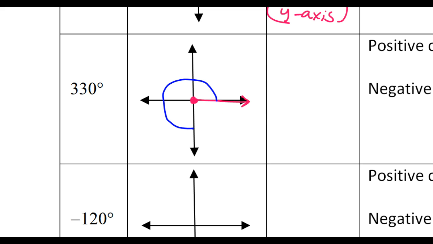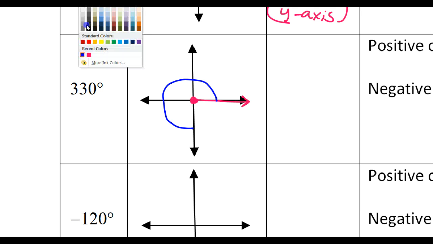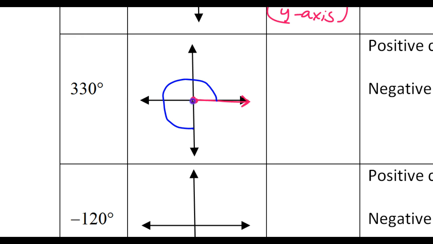We want to stop short. Okay, so we will have our terminal side in this quadrant. So our picture is going to look like that for 330 degrees. What quadrant is this? First, second, third, fourth quadrant. Okay, that's the fourth quadrant.